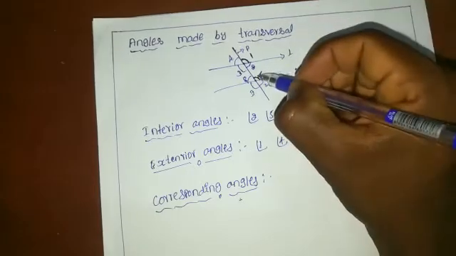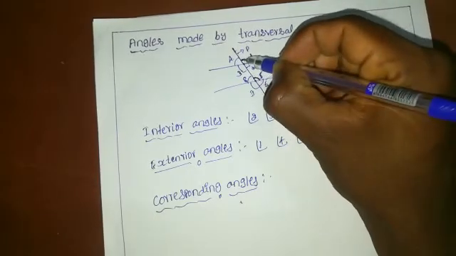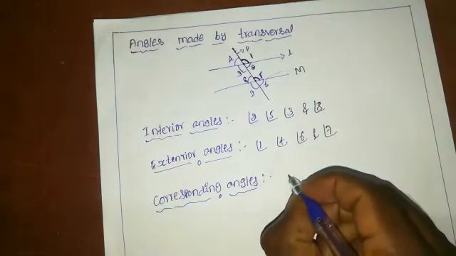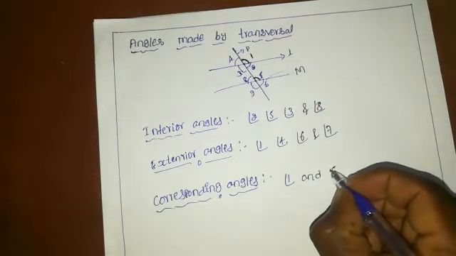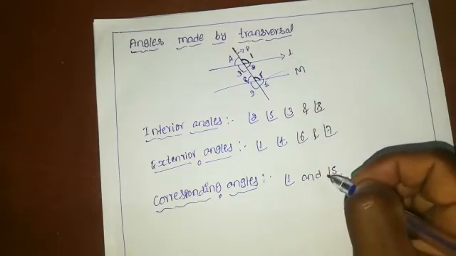In this diagram, angle 1 and angle 5 are the corresponding angles.